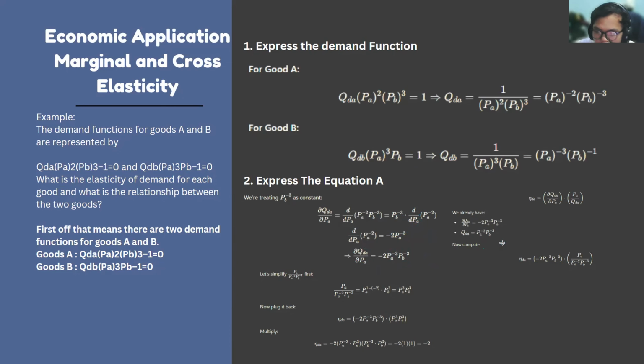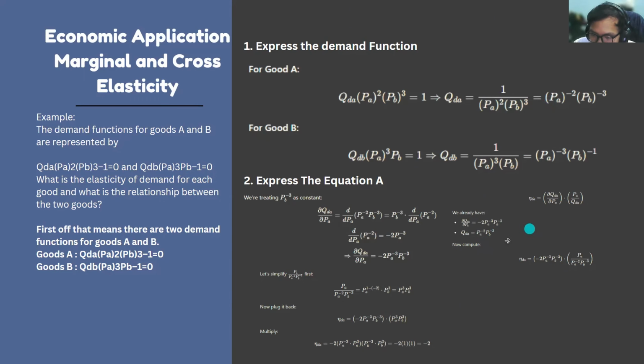Okay, so that means we already have the partial QDA per partial PA equals minus 2 PA power minus 3, PB power minus 3, with the QDA at the top, PA power minus 2, PB power minus 3.